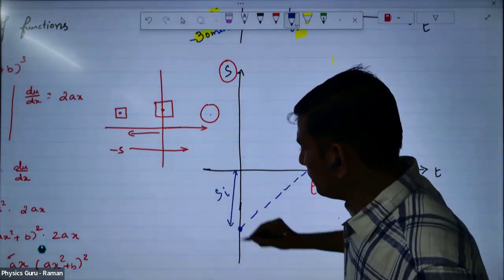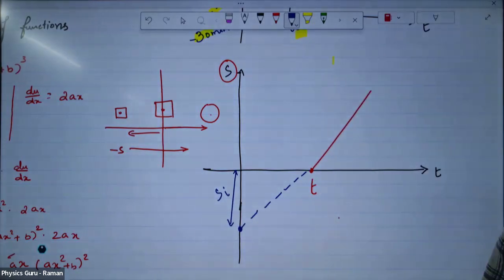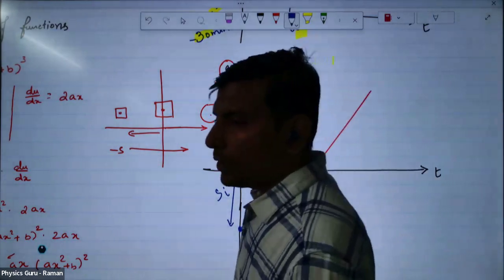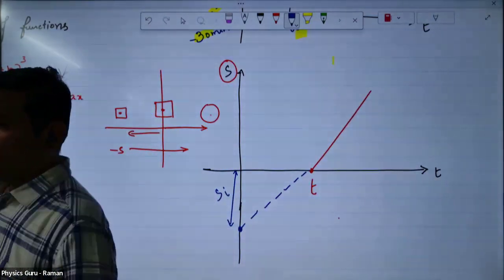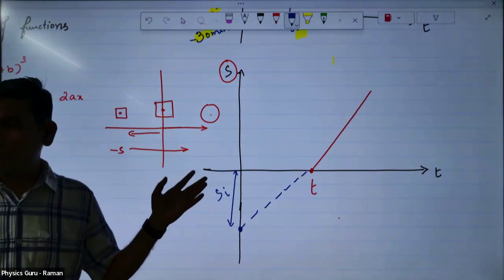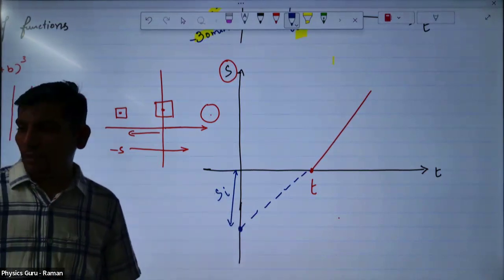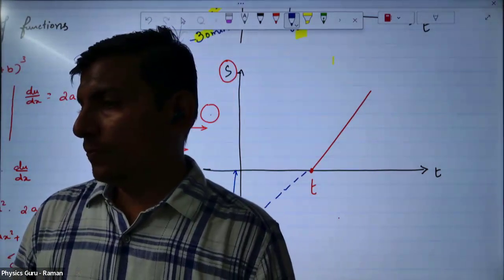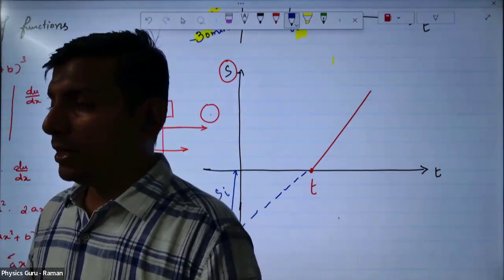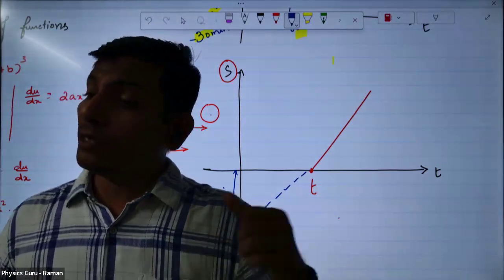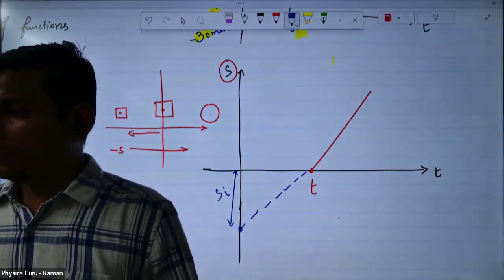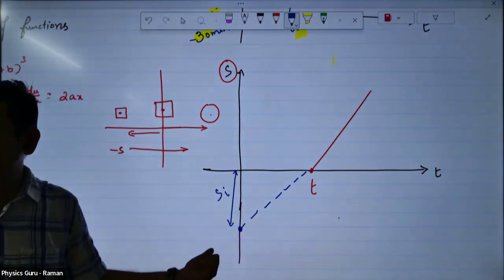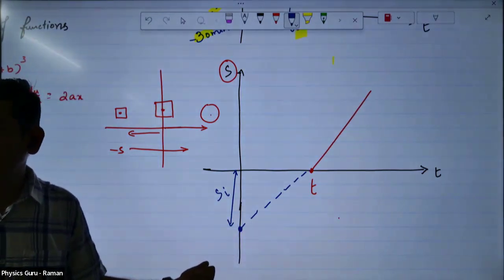What do we call this line? Y-axis intercept. If you calculate at what time he would have started, you get the x-axis intercept. If you calculate at what distance he would have started, then you get the y-axis intercept.